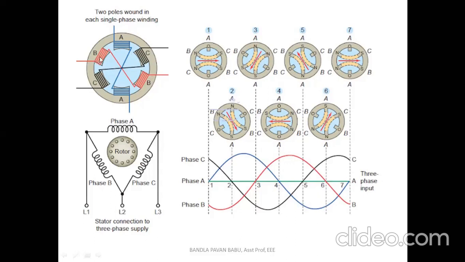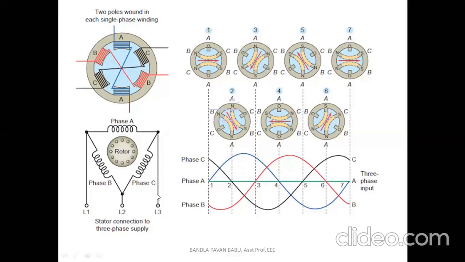So it acts as a south pole. These are nothing but the electromagnetic poles. There are no physical magnets or permanent magnets here. Because of the electricity, we have created what appear to be virtual magnets. All these secondary parts are connected to the neutral if it is a star winding. Otherwise, it is delta connected. Later I'll show you how it appears.